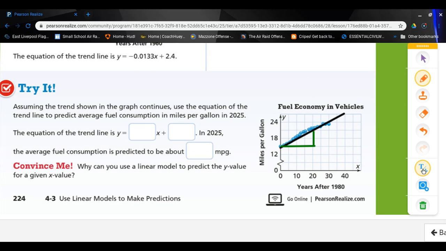My rise is 6, so I'll move that down here, and my run here is going to be 20. Of course, 6 over 20 is going to simplify to 3 over 10, so that's my slope. My rise is 6, my run is 20, therefore 3 over 10. So let's put that in here.